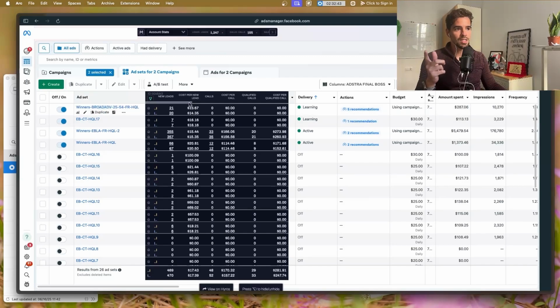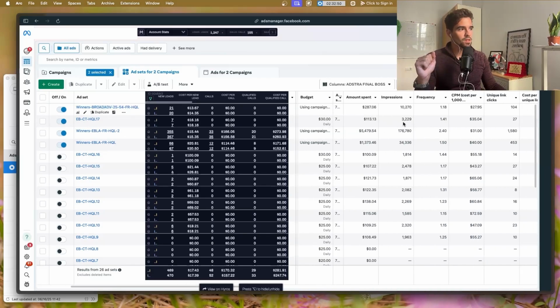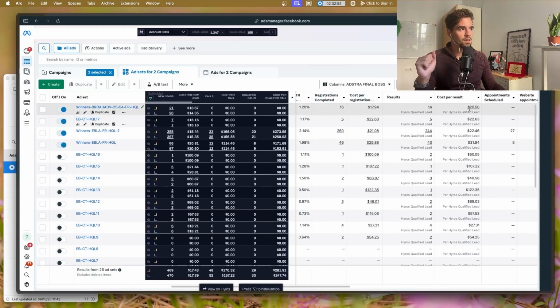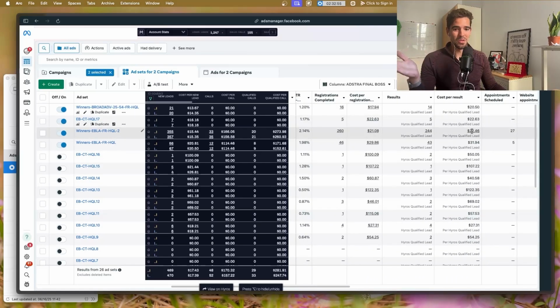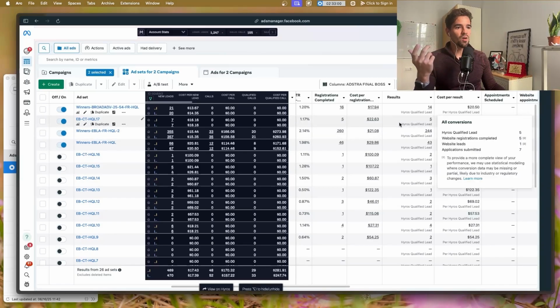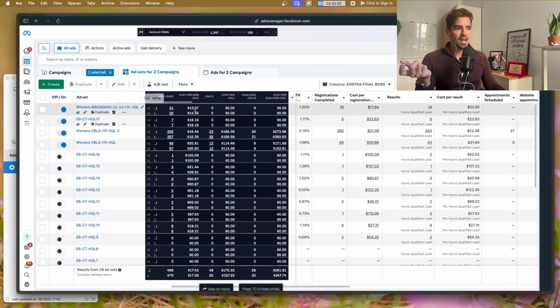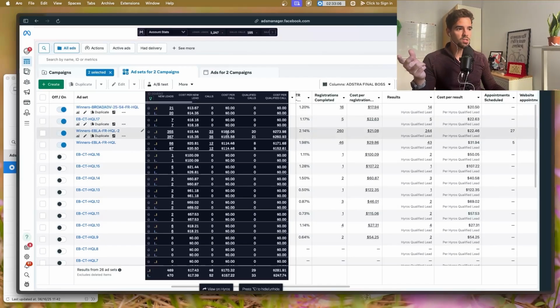And as you can see, I launched the Broad Advantage not too long ago, maybe 3 or 4 days, and the cost per lead is cheaper, okay? And you can see that the qualified lead is cheaper as well. So it's kind of already justifying what I already knew, and I'm expecting this to have a lot more booked calls coming in from it. It doesn't have booked calls because it just launched, and a lot of these booked calls come from emails, texts, phone calls later after they become a lead.